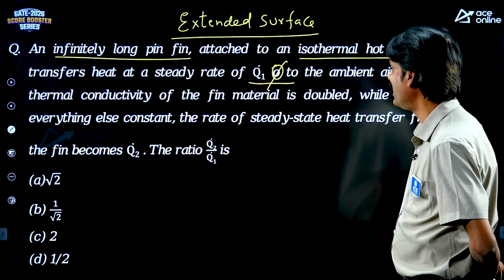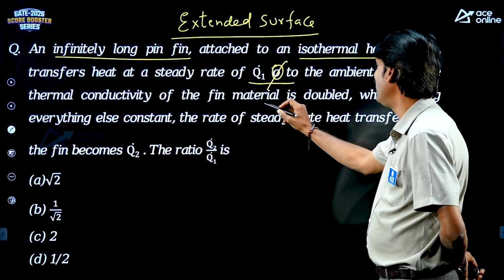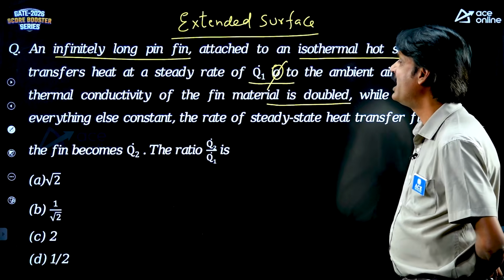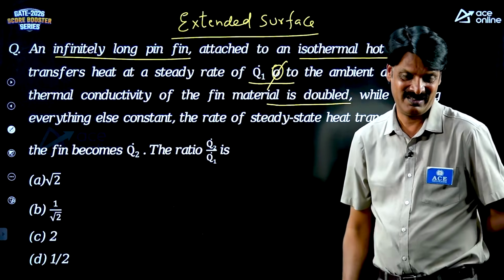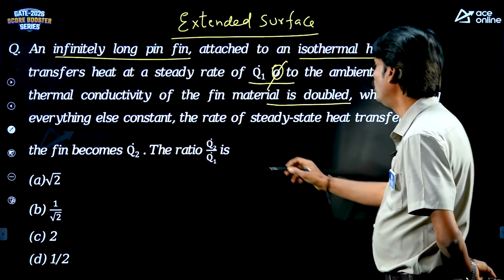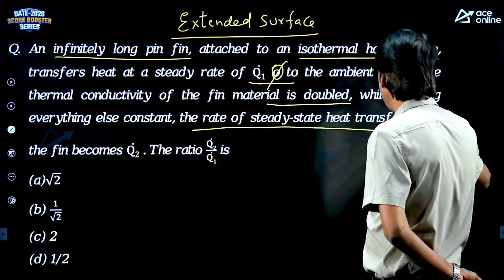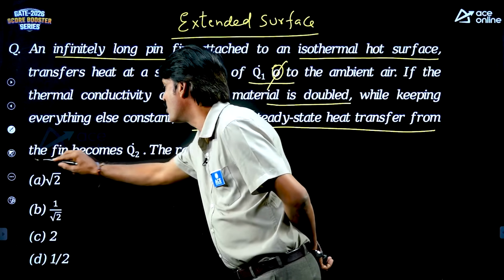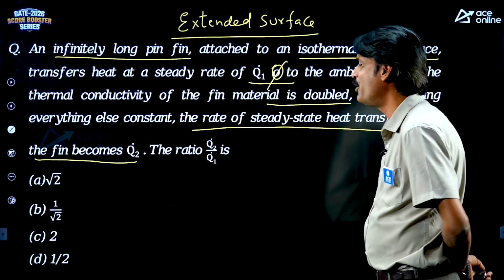If the thermal conductivity of the fin material is doubled while keeping everything else constant, it is asking you the rate of steady heat transfer from the fin becomes Q dot 2, then the ratio of Q dot 2 by Q dot 1.